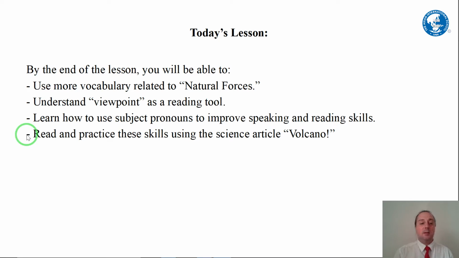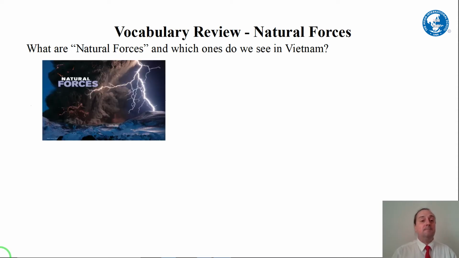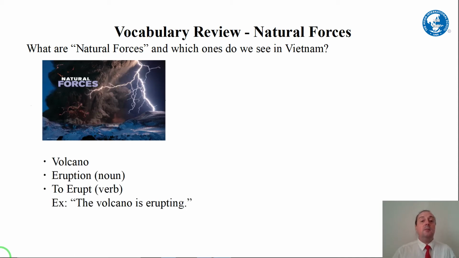So let's get started. First, last week we talked about natural forces, and I asked you which ones do we see in Vietnam? Okay, so in this we see the volcano, and we see an eruption. We also see that the volcano is erupting, the verb form.